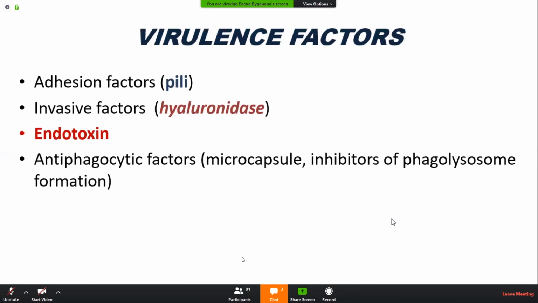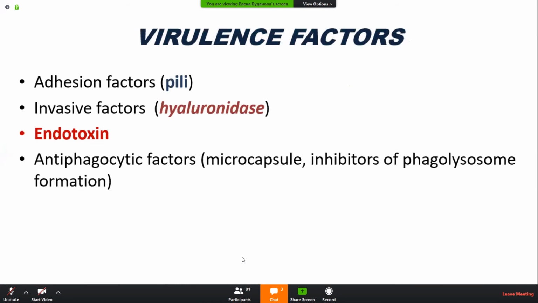Virulence factors include pili for attachment, invasive factors, and hyaluronidase, which is, by the way, important for bacteria to cause damage of connective tissue. Then, being gram-negative, they possess endotoxin, and they are facultative intracellular parasites and survive phagocytosis.